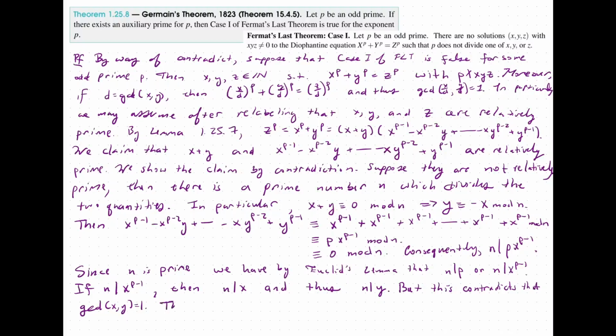So then, n divides p, but n is prime and p is prime, and so we get that n must be equal to p. So we get this here. But now n divides x plus y, and so it has to divide z to the p.